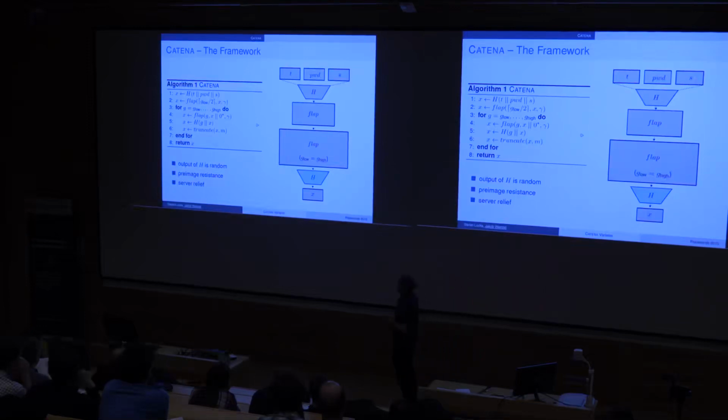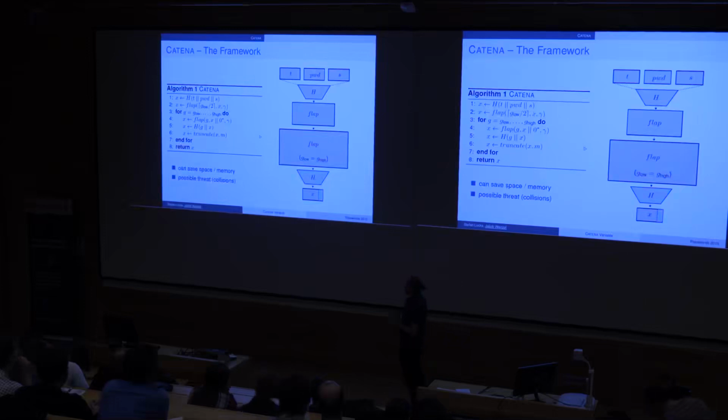And a second thing, if you look at the structure, you can just draw a line here, and everything above this line is done by the client, for example, and then this X is sent to the server, and the server just has to hash this value, and then we have a server relief.